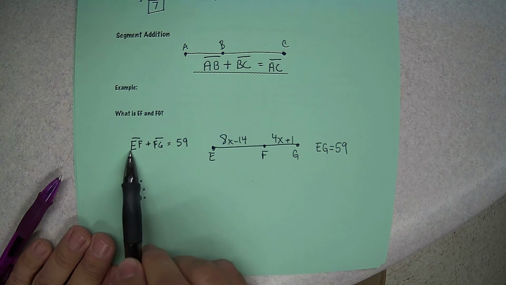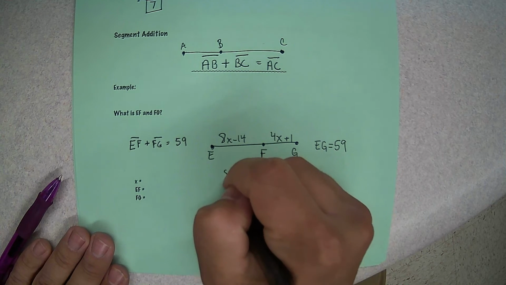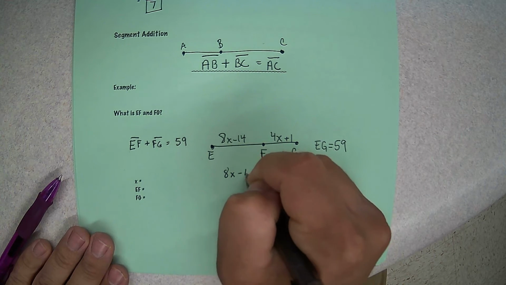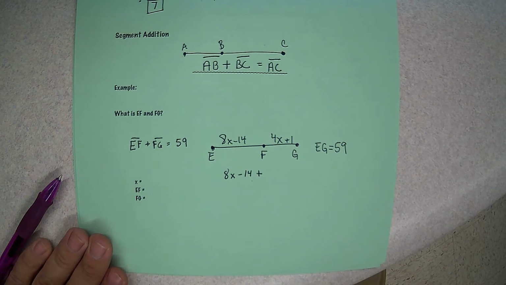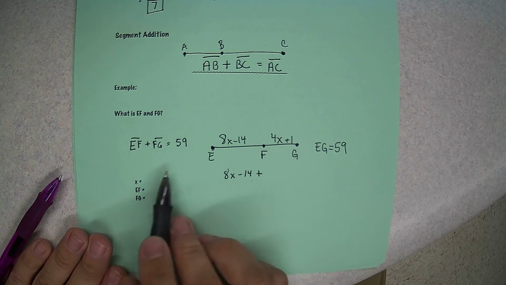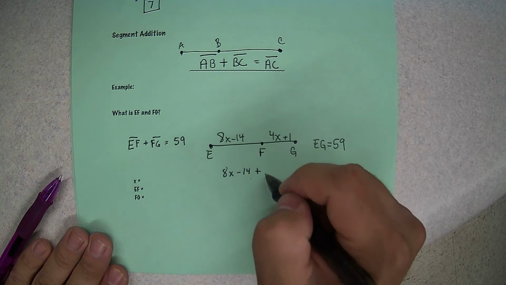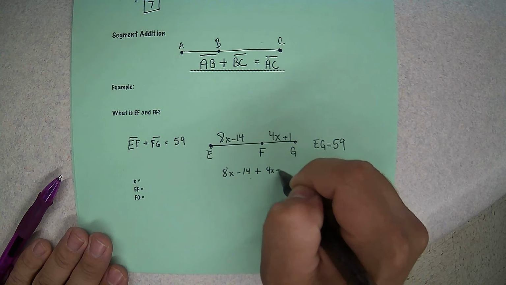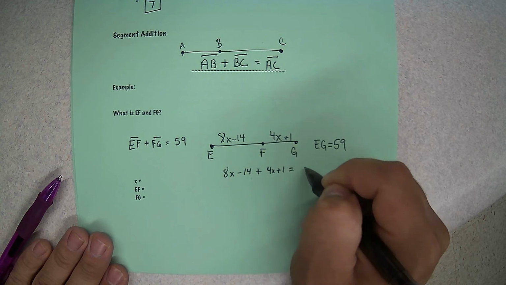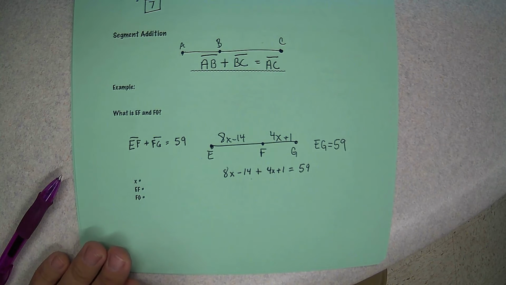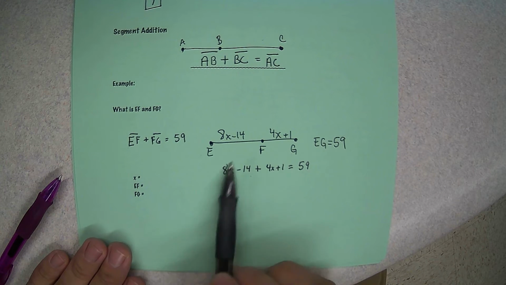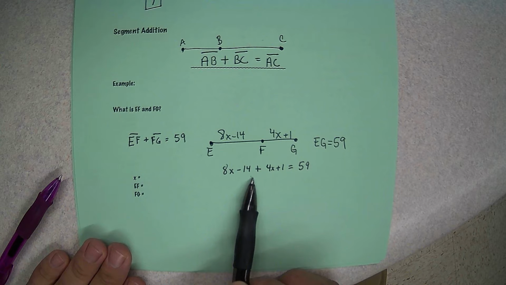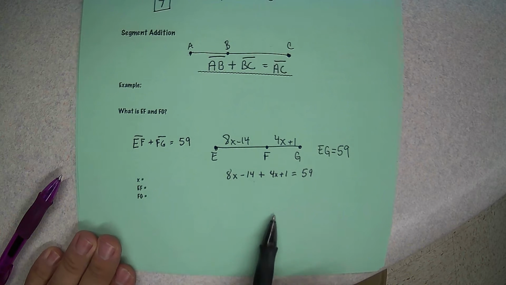So let's do that. EF is 8x minus 14 plus FG, which is 4x plus 1, and that equals that 59, or EG. Now all we have to do is combine our like terms and solve for x.